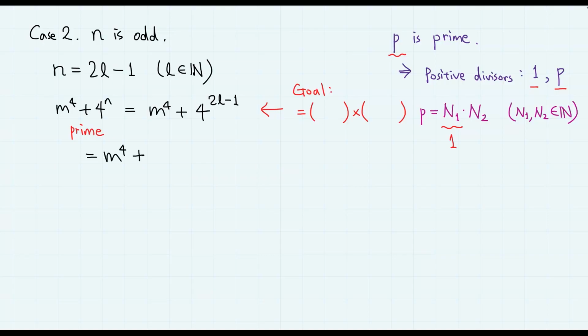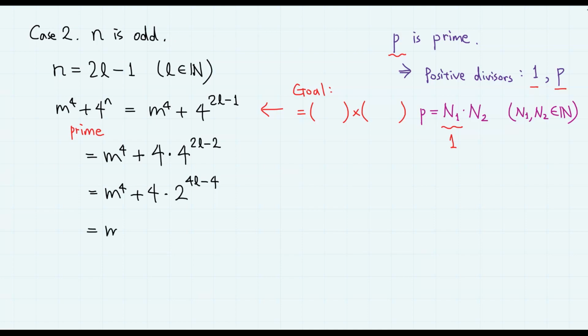First, I am going to take out 4 to the front, then we have 4 times 4 to the power of 2l minus 2. Then, since 4 is 2 squared, if we change the base to 2, then the exponent part must be 4l minus 4.